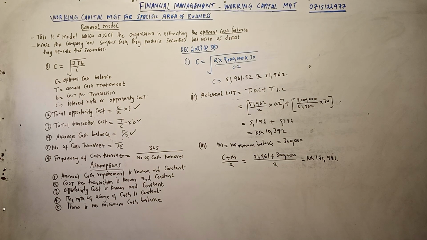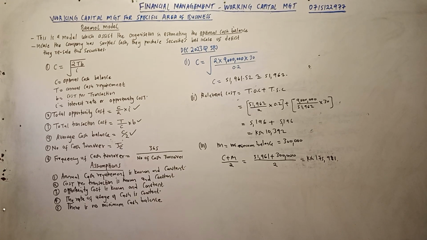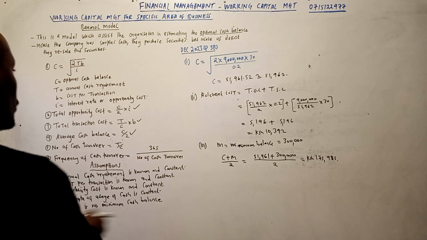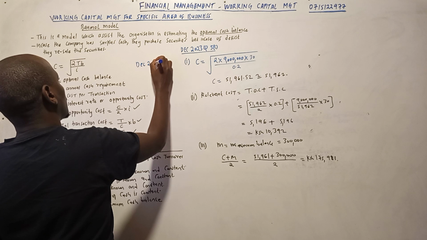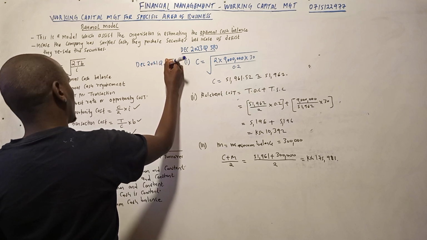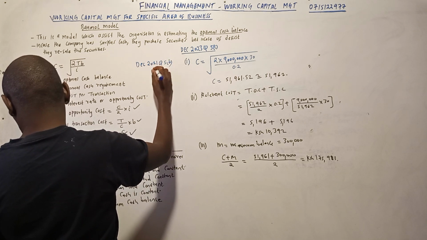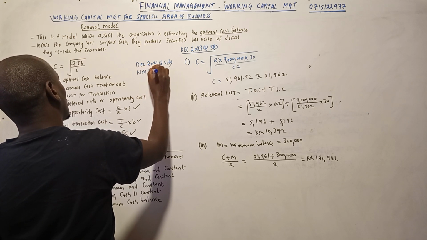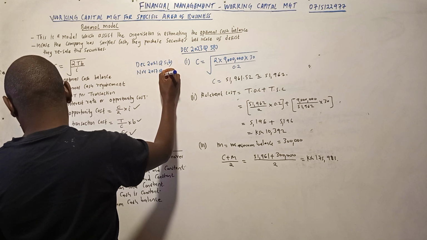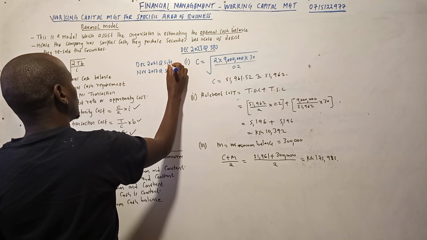Let me look for assignments which you can do. You have December 2021, question number 5B, and November 2017, question number 5D.